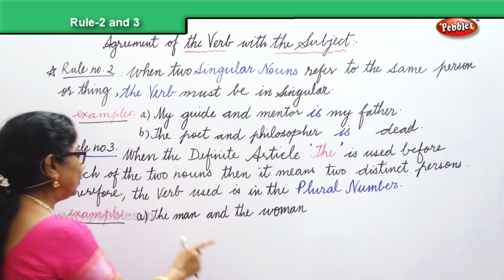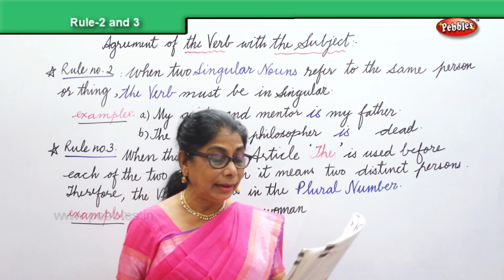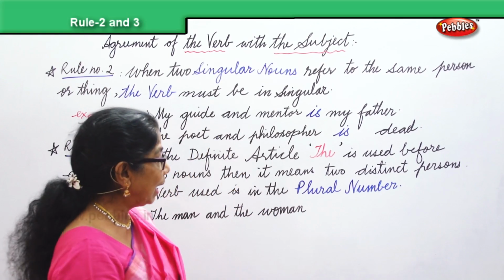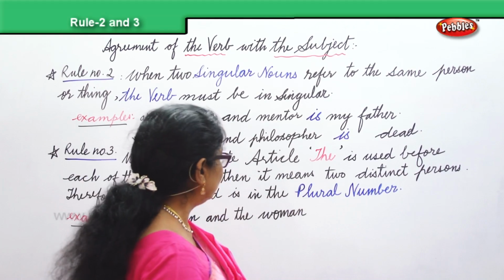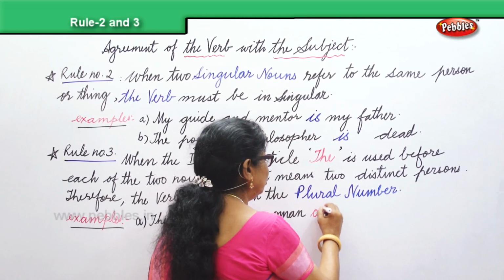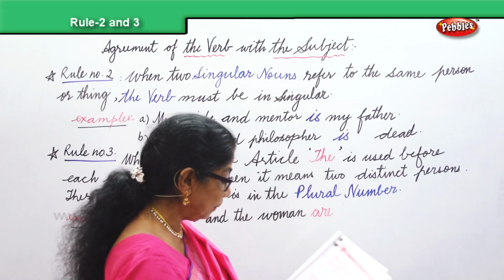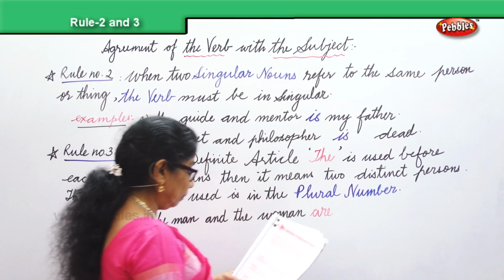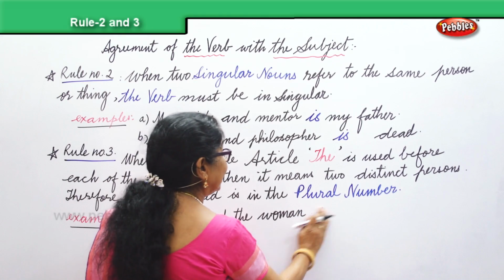These two are two different people. The man and the woman. Then what happens? The verb will be in plural number. So you will say the man and the woman are, you use the plural form of verb, were fighting.